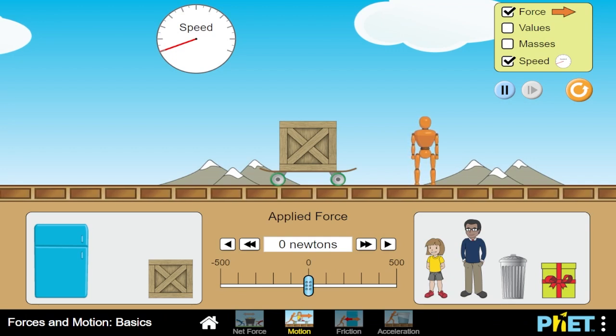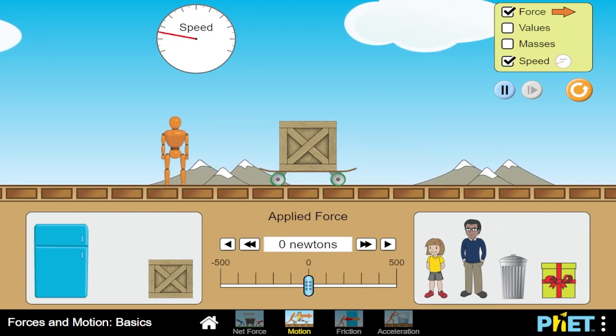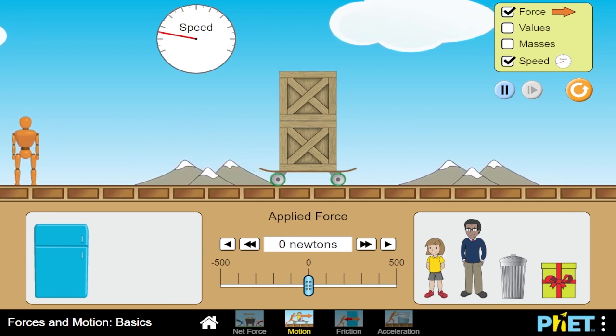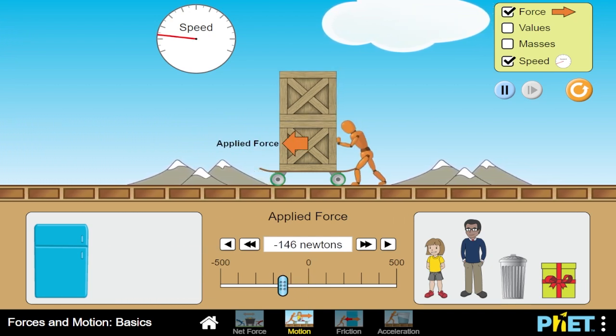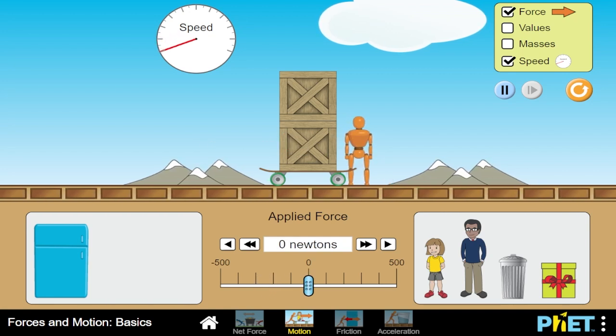When we have this crate sitting on the skateboard and we push the crate, it's going to come up to some speed and it will continue moving at that speed indefinitely. If we have more weight, it takes more force to cause it to stop moving, but you have to apply a force to cause it to stop moving.